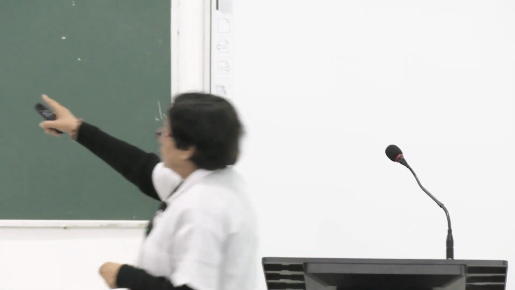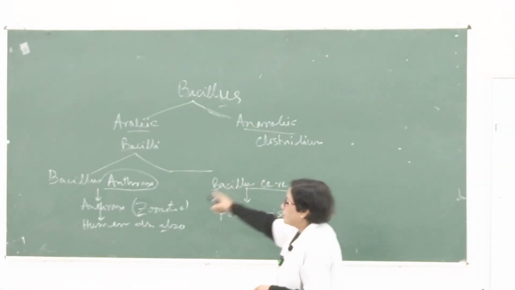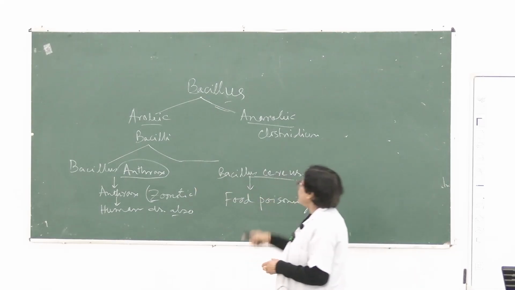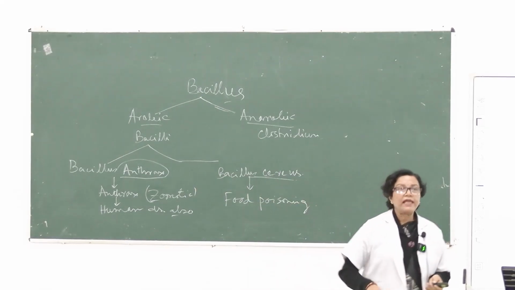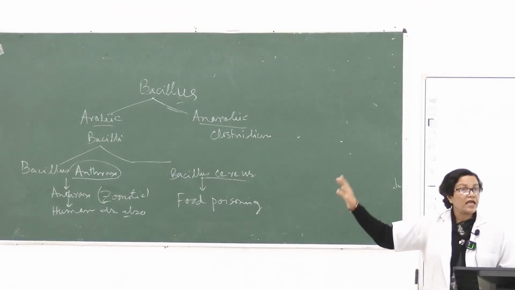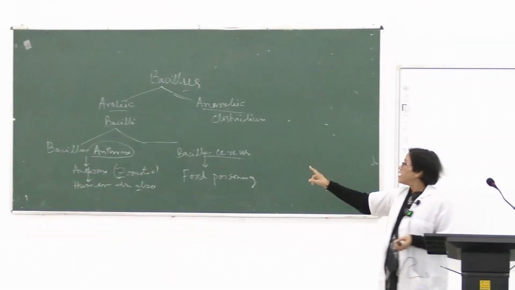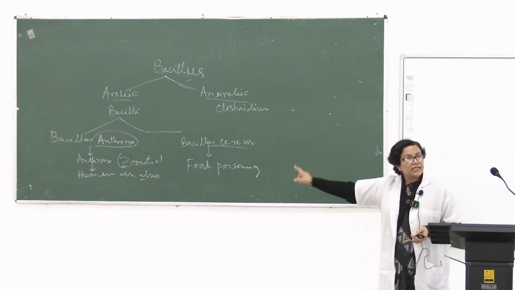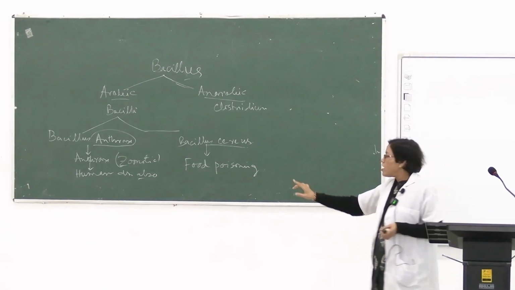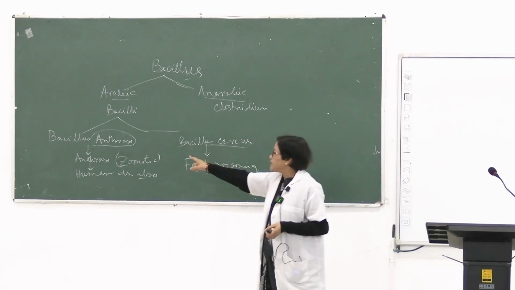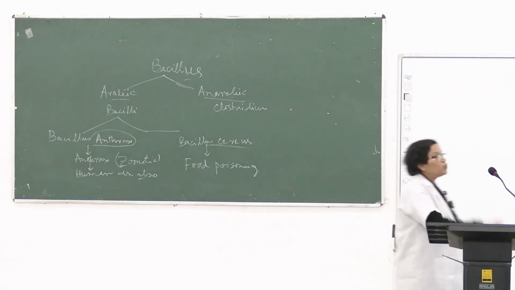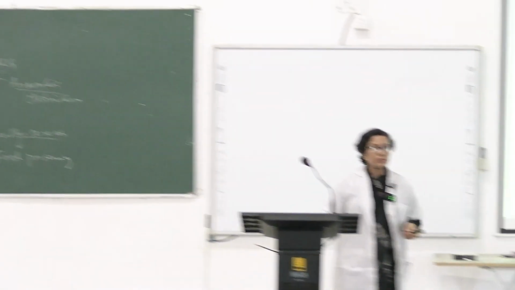Another bacillus is the anthracoid bacilli, that is Bacillus cereus. So Bacillus anthracis and the anthracoid bacilli is Bacillus cereus. Bacillus cereus is causing food poisoning, but Bacillus anthracis causes anthrax, a zoonotic disease of animals.